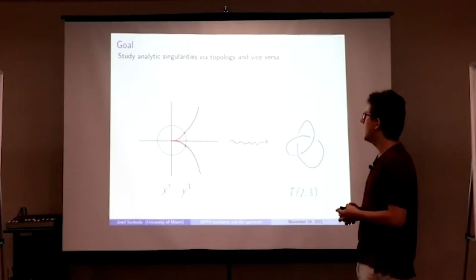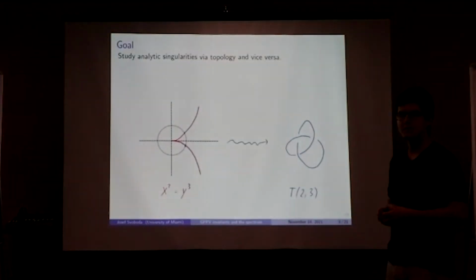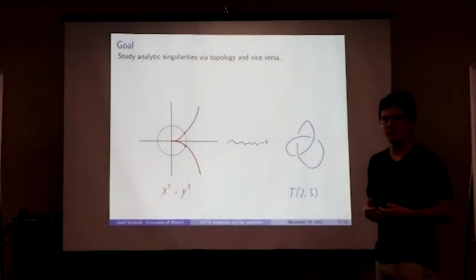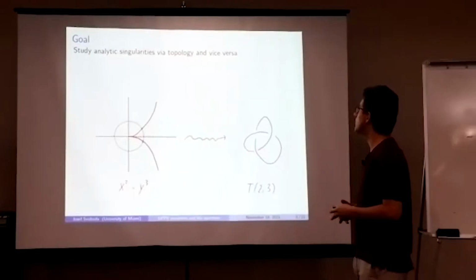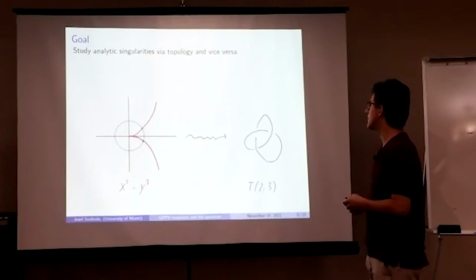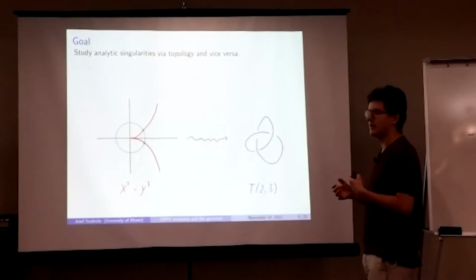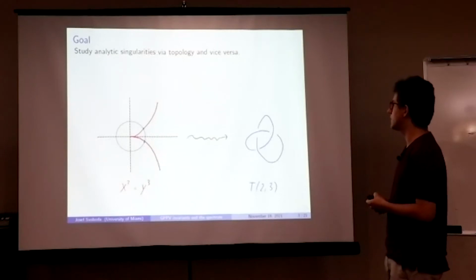So our goal is, in general, to study analytic singularities, so singularities of some holomorphic or algebraic functions via topology and vice versa. So we can also maybe say something about the topology of three manifolds using the analytic singularities.